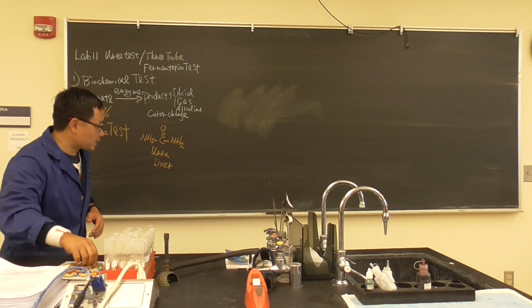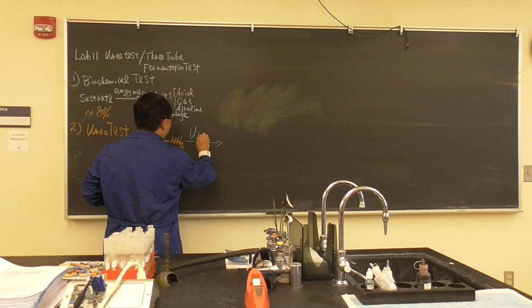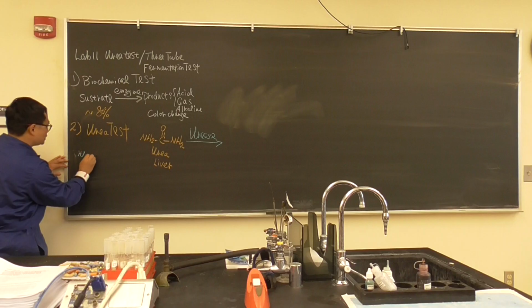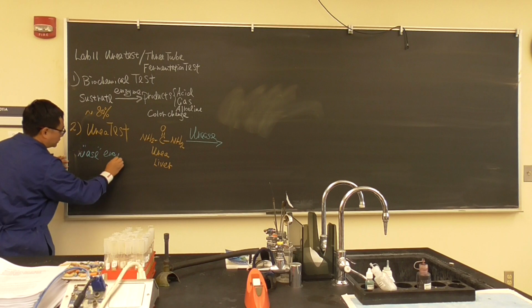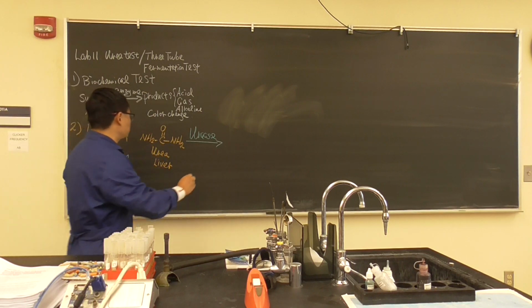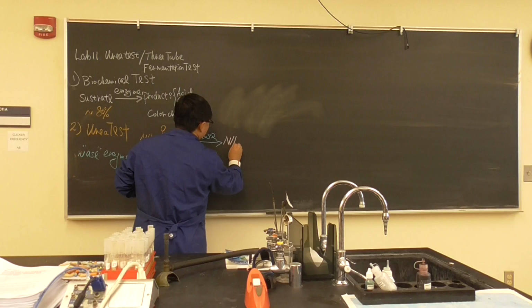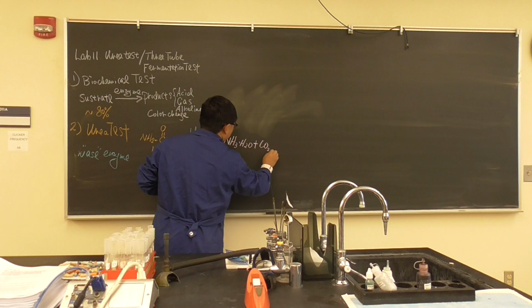If bacteria have urease, an enzyme, it will break urea down into ammonia and carbon dioxide. Lots of the time when you see the suffix ASE, it means this is an enzyme.